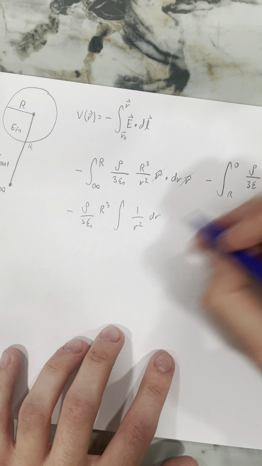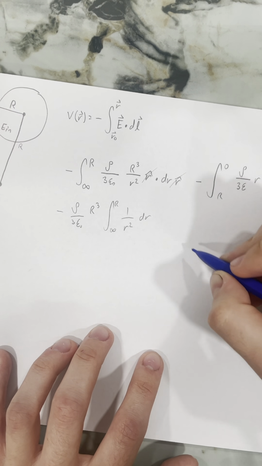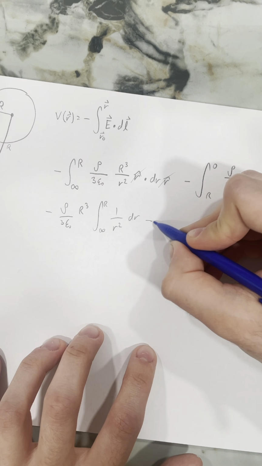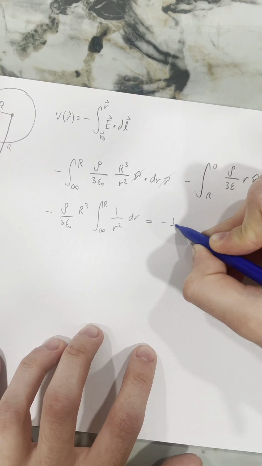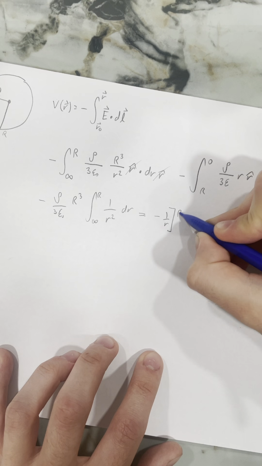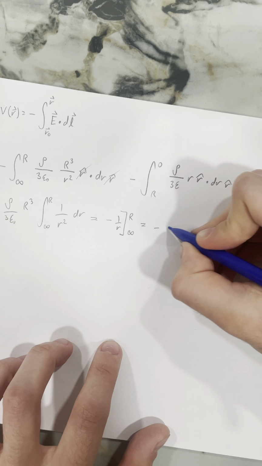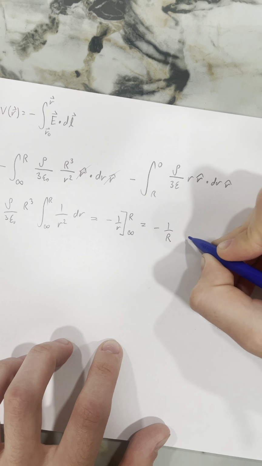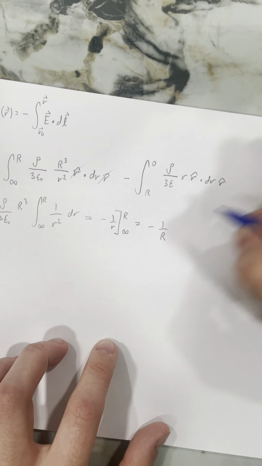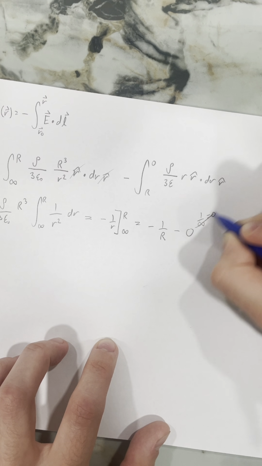And so now we just have to take the integral of 1 over r squared, which is just equal to negative 1 over r. Now we just have to evaluate this, which is just equal to minus 1 over capital R, minus 0, because 1 over infinity is just equal to 0.